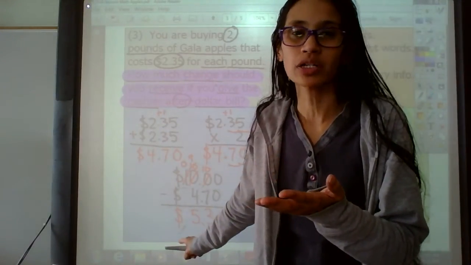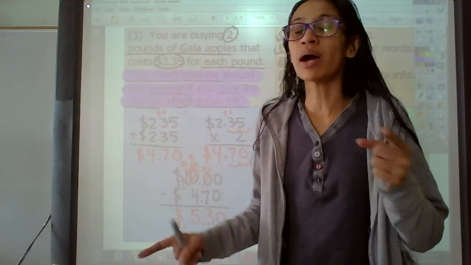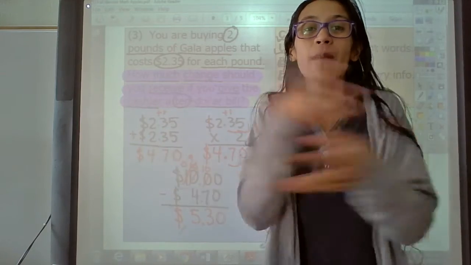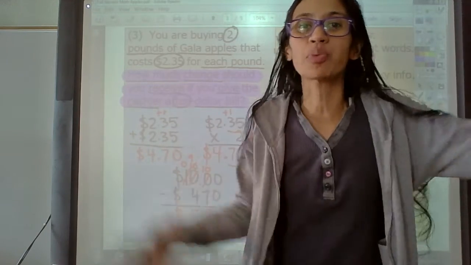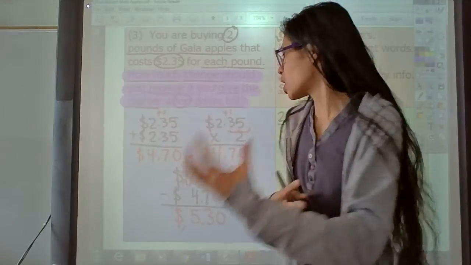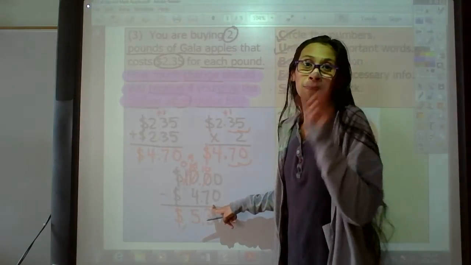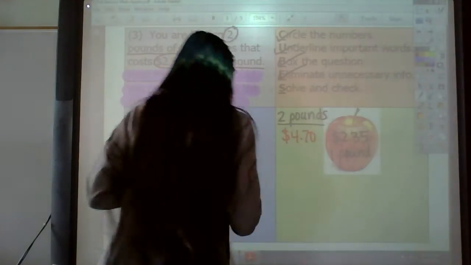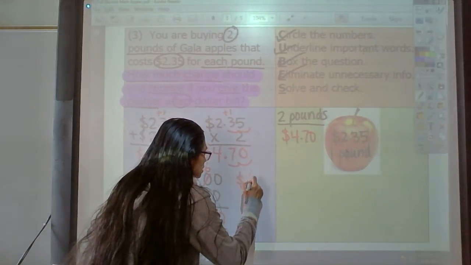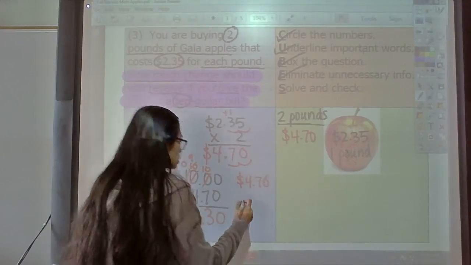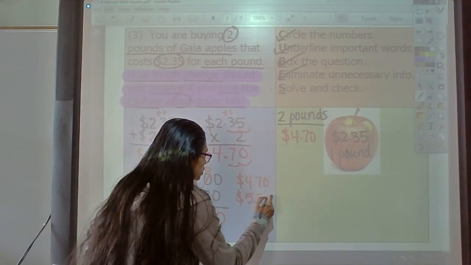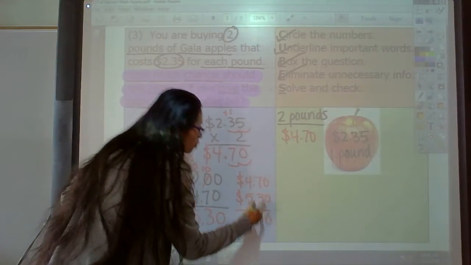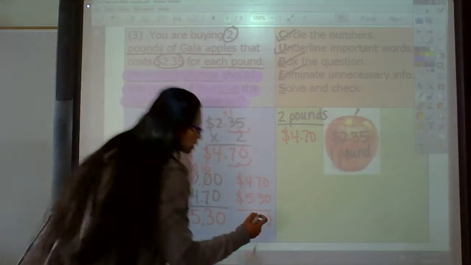Oh, what? We need to check our work. Remember, when we check our work, we're not using the calculator. We are going to use opposite operations, inverse operations. What is the opposite of subtracting? That's right, adding. So we need to add this and this together. Do it with me. $4.70 plus $5.30. 0 plus 0 is 0. 7 plus 3 is 10.